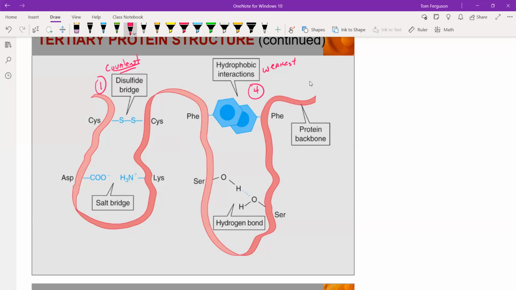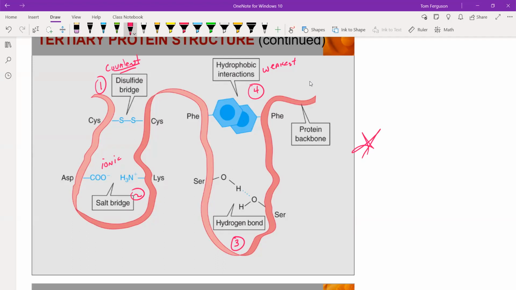Hydrophobic means that these two are just attracted to one another because like dissolves like. Hydrogen bonding is third strongest. Salt bridge, being ionic, is second strongest.